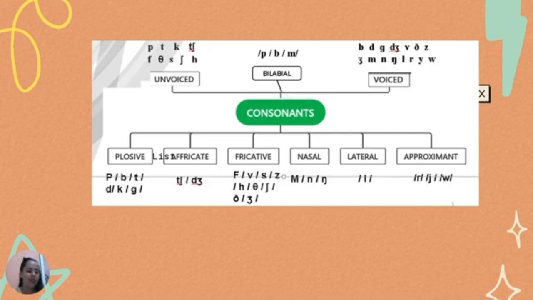And voiced. The sound is produced when the vocal cords vibrate as the air passes through.